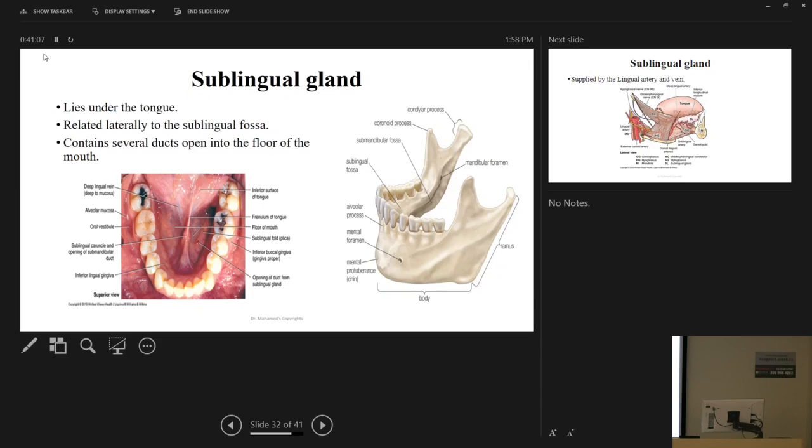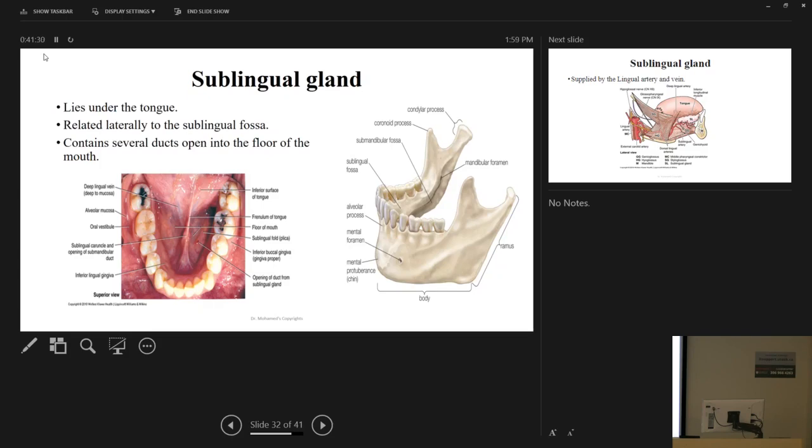Superior to the mylohyoid line, I have the sublingual fossa, and inferior to it, I have the submandibular fossa. And here, this mylohyoid line with the mylohyoid muscle separates the oral cavity from the neck.